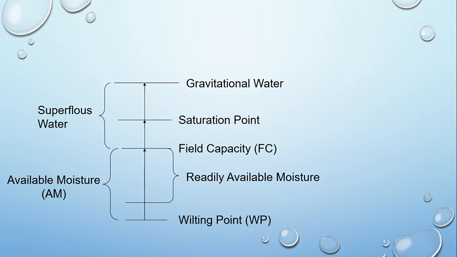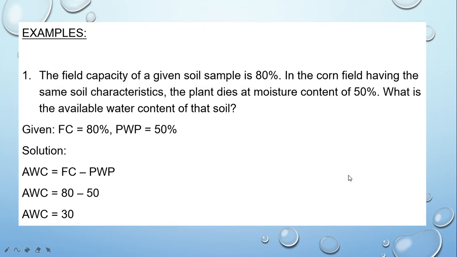Alright? So, okay, so we have here examples, computation. The field capacity of a given soil sample is 80%. In the cornfield having the same soil characteristics, the plant dies at moisture content of 50%. What is the available water content of that soil?